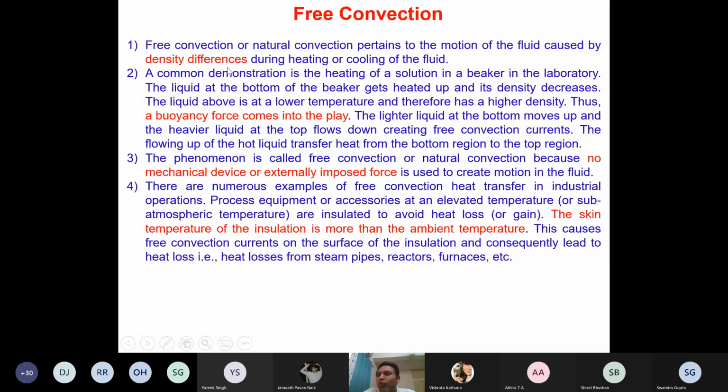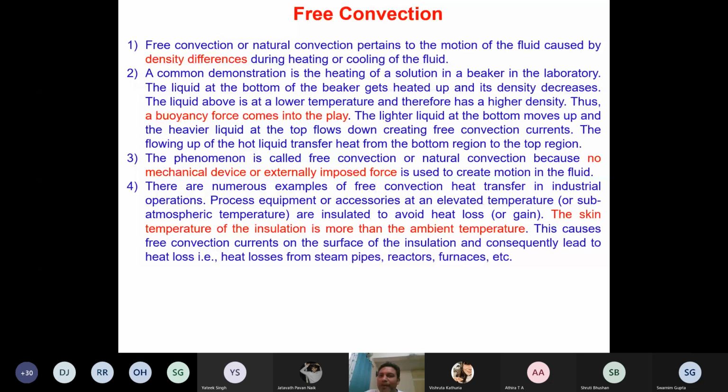What will happen is the fluid which is very close to the bottom surface is going to get heated, and because of that the density of this liquid close to the bottom is going to decrease. Compared to that, the fluid elements at the top layer are at lower temperature and therefore have a higher density.